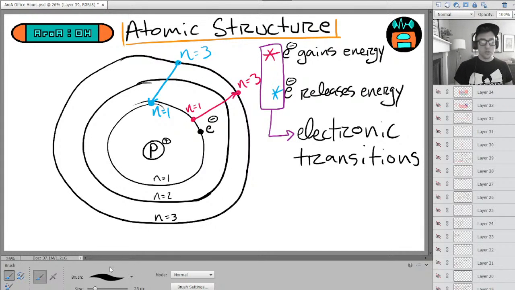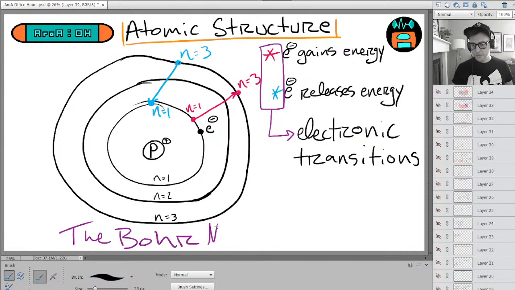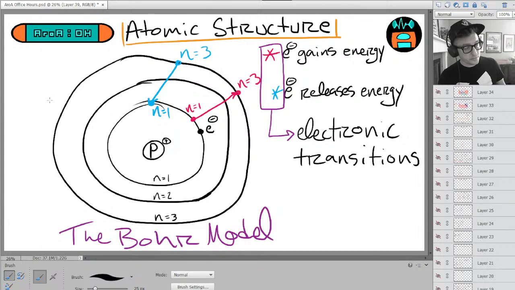This is all from the Bohr model of the atom, which added that detail of the shells, which is good, but it's not actually the current model of the atom.